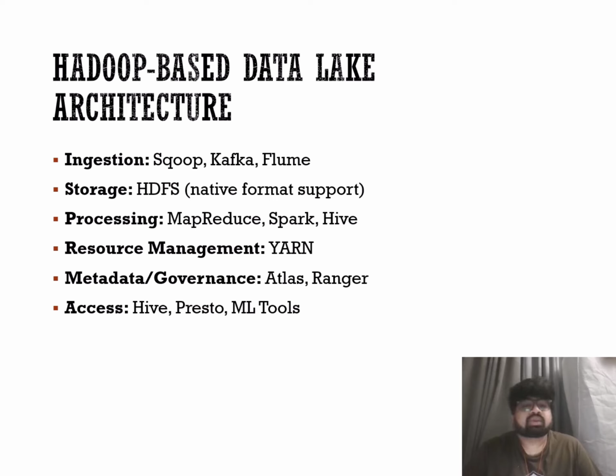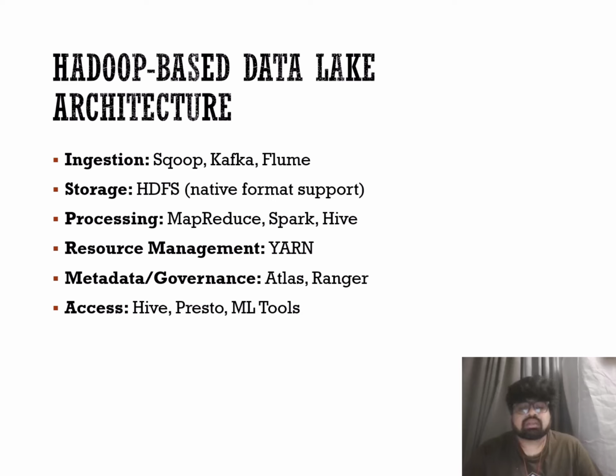Number 3. Processing layer includes MapReduce for batch processing, Apache Spark for in-memory processing, and Hive for SQL-like queries. Number 4. Resource management layer. YARN coordinates distributed computing resources. Number 5. Metadata and governance layer.